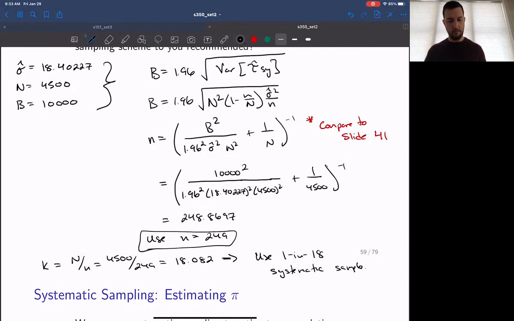times 18.40227 squared times 4,500 squared.